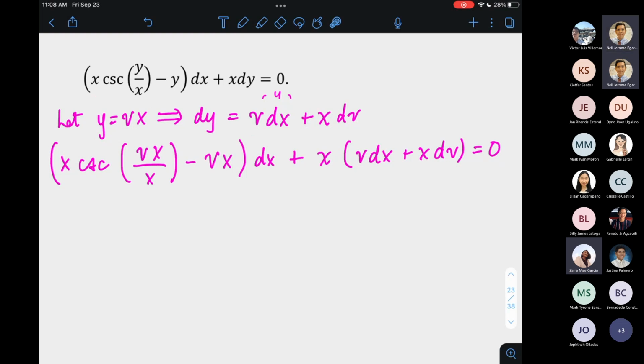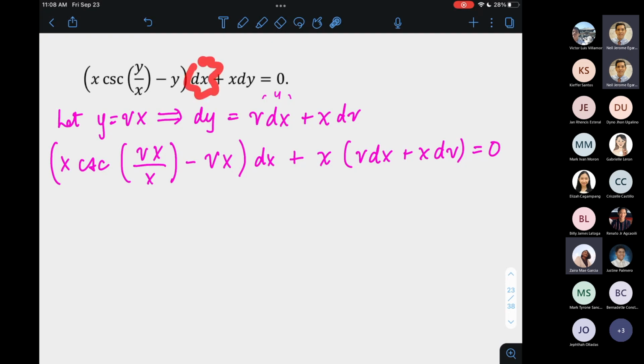Okay? Kasi rito, kapag nag-let ka ng y equals vx, expect that dy will consist of two terms. Ang kasama ni dy ay monomial lamang, so mas madaling mag-multiply ng x times eventually a binomial. Kaya ang pinili ko si y ay equal kay vx. Imagine the difficulty if I will use the substitution x equals yv instead. So ibig sabihin si dx naman yung magiging komplikado.